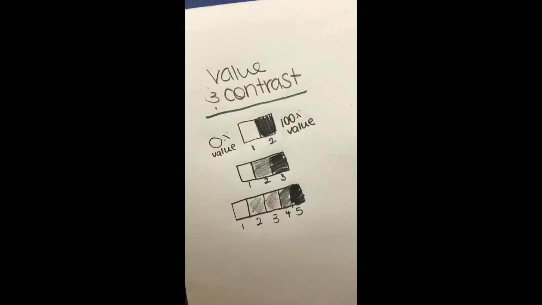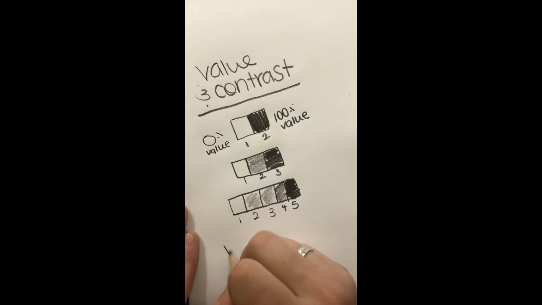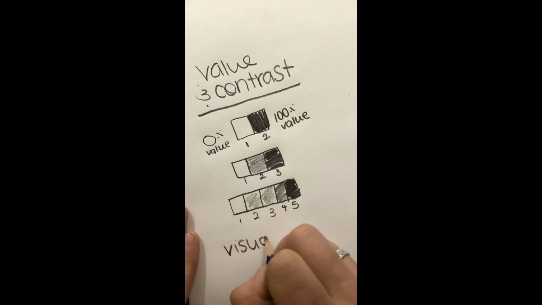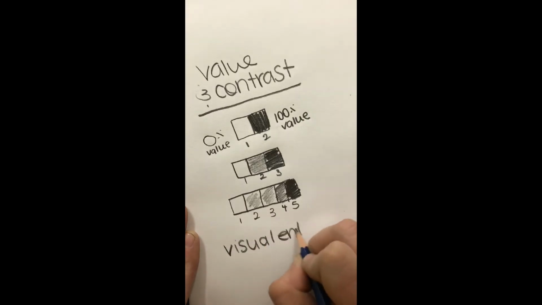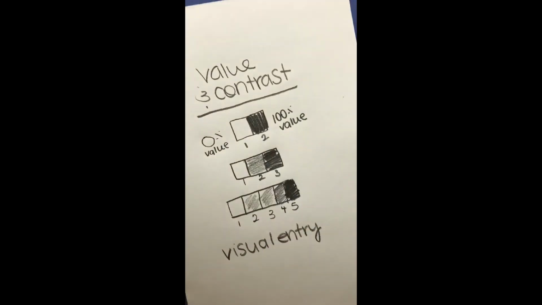Now, why is value and contrast important? Can anyone tell me? No? This is going to be fun. All right. Value and contrast help us create visual entry. What does that mean?